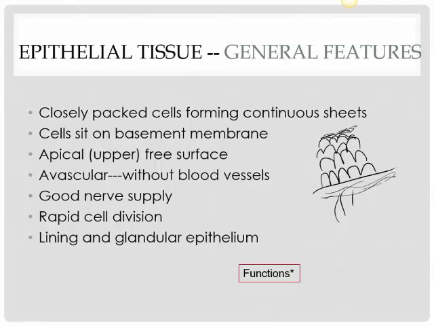When you drink something really hot, you know how your mouth gets scalded. When you eat something a little sharp, it might scratch your oral cavity. So because of that, epithelium tends to regenerate very, very fast. It has very good regenerative properties. So it has rapid cell division.